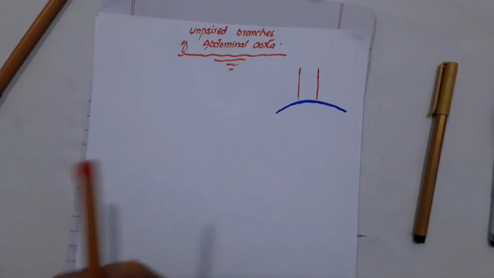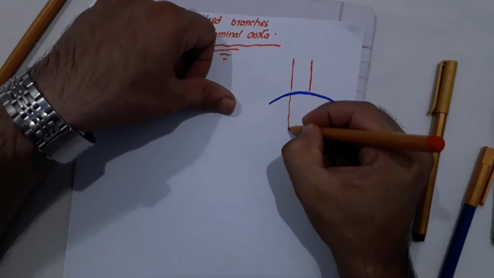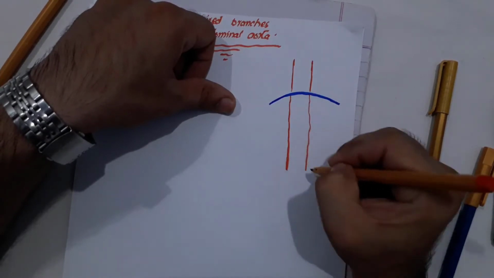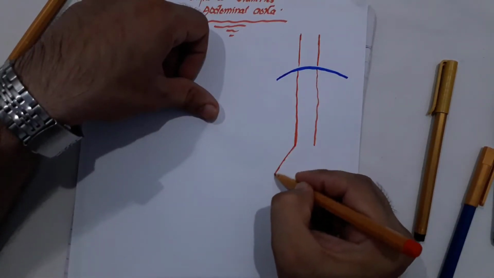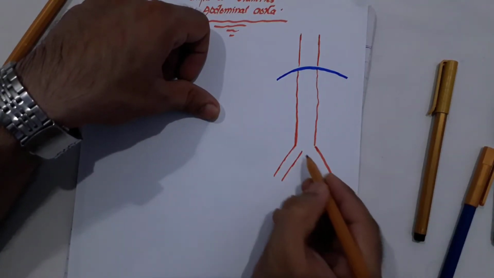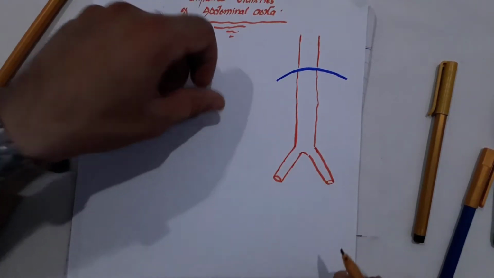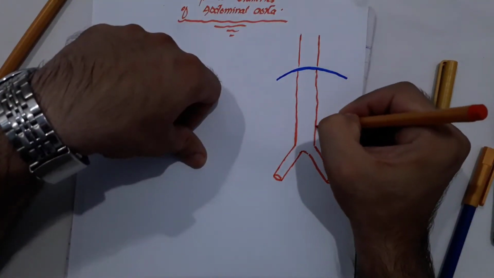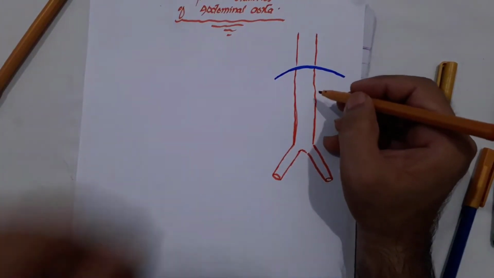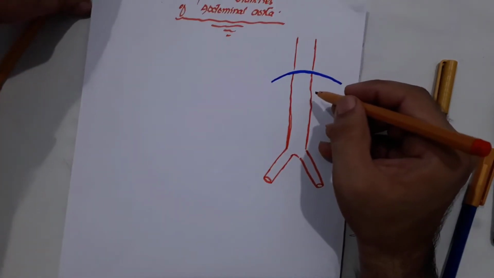Below the diaphragm we have our abdominal aorta, and then it bifurcates into right and left common iliac arteries. We will discuss them also. In the previous lecture, I discussed the paired branches; now we are going to discuss the unpaired branches which arise from the abdominal aorta.